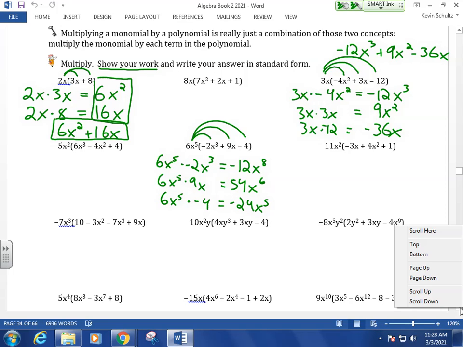Our exponent doesn't change in this case because that negative 4 doesn't have any x's with it. So our final expression is going to be these three terms put together. Negative 12x to the eighth plus 54x to the sixth minus 24x to the fifth.